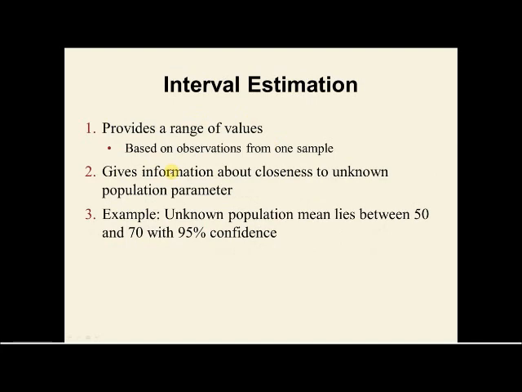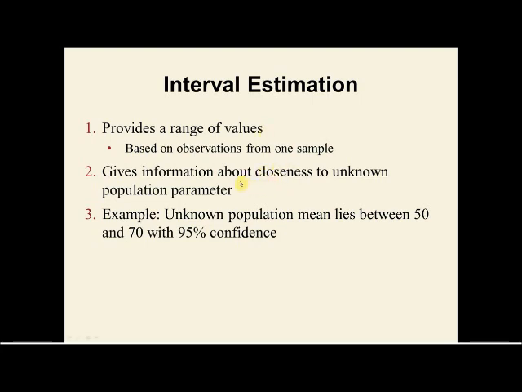An interval estimate is one step towards dealing with that question by providing a range of values. Now, the range of values will be based on, again, a sample, presumably a random sample. And what that does is it tells us how close we are to the unknown parameter, or how accurate it is.